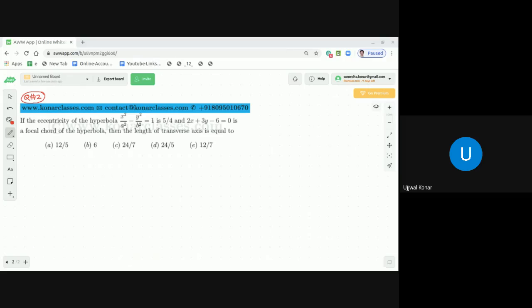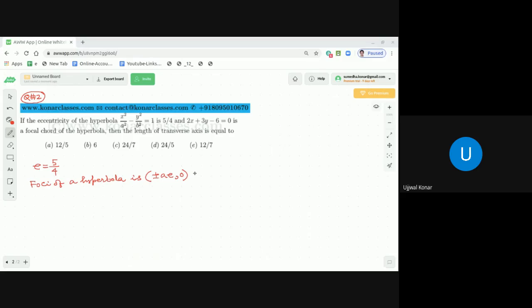According to the question, what is given? It has been given that the eccentricity e is equal to 5 by 4. Now, we know the foci of a hyperbola are plus minus ae comma 0.